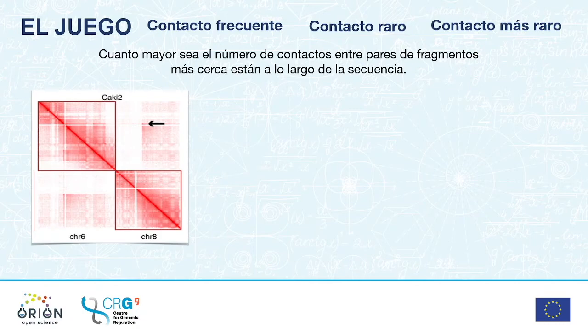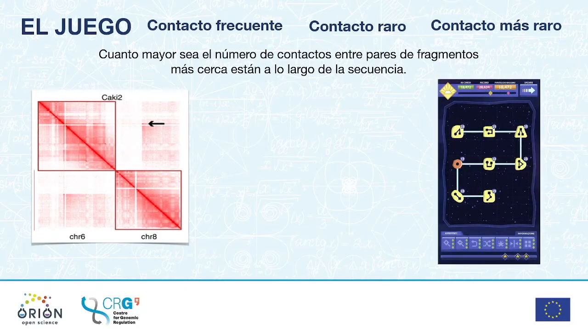Therefore, to correctly reconstruct the sequence, we must move the DNA fragments, that in the game will be represented by these colored bricks, in such a way that the closest ones will be those between which we observed the highest number of contacts.